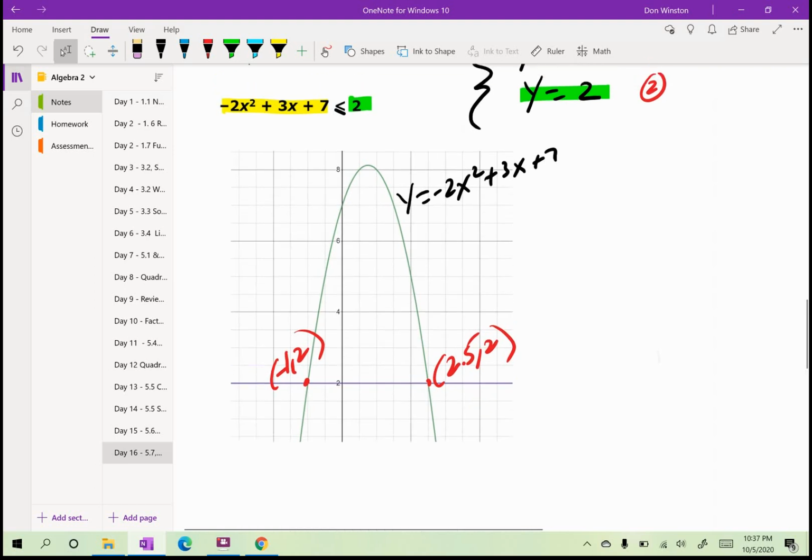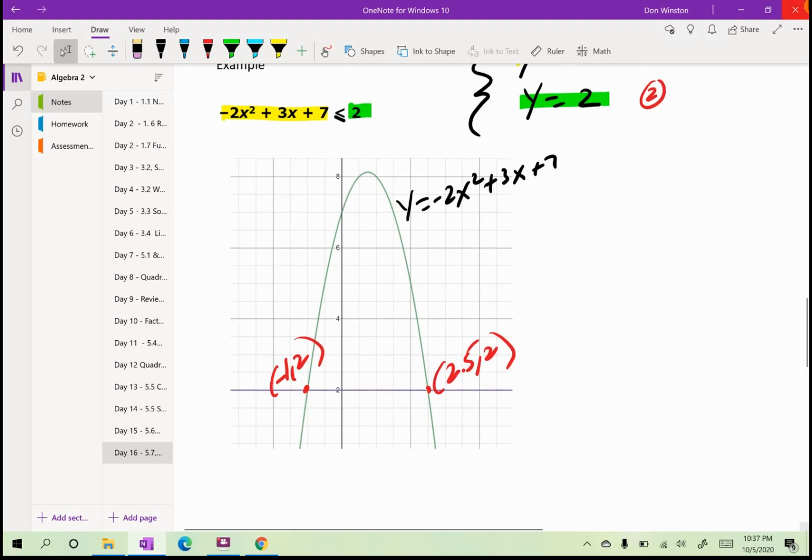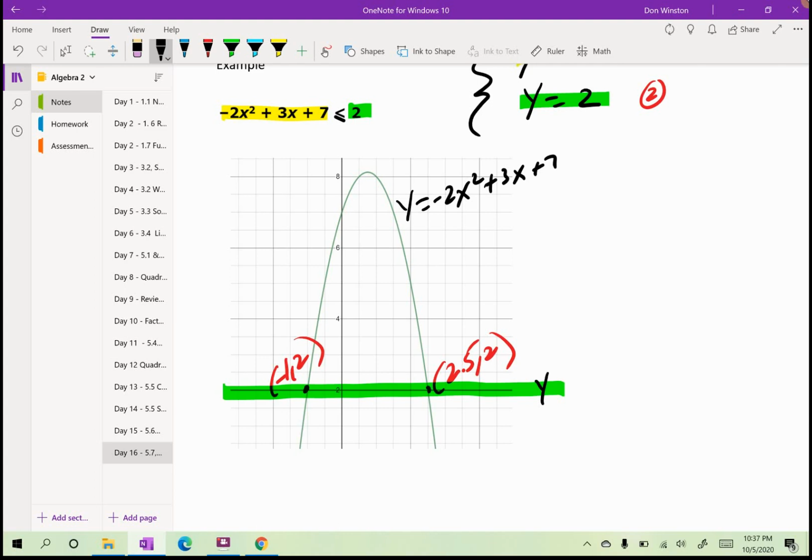With this one, we're asking, when is that parabola less than or equal to the line y is equal to 2? This is the line y is equal to 2 there. So when are the y values for that parabola less than or equal to the line y is equal to 2? It's any x value as long as x is less than or equal to -1 or greater than or equal to 2.5.